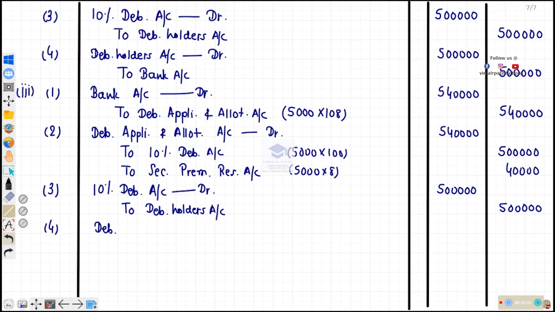At the time of payment, debenture holder to bank.